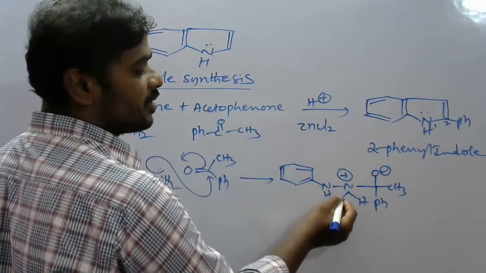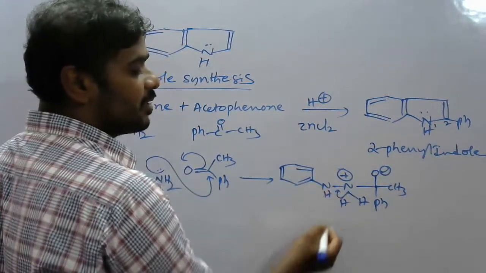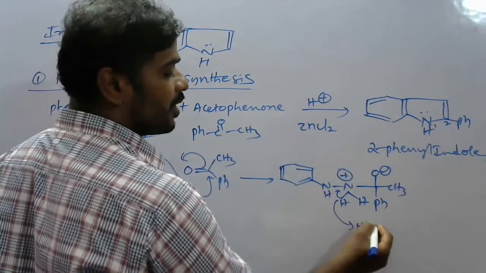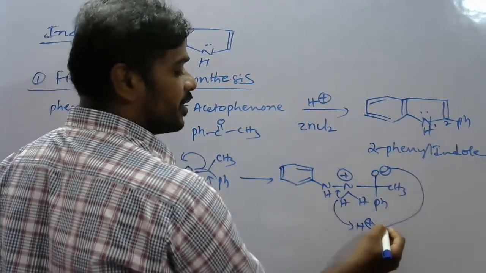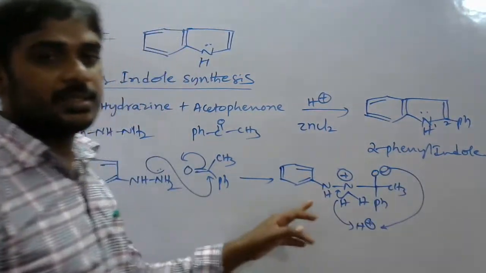The positive charge is unstable, so a proton is lost and can be taken by the O minus.